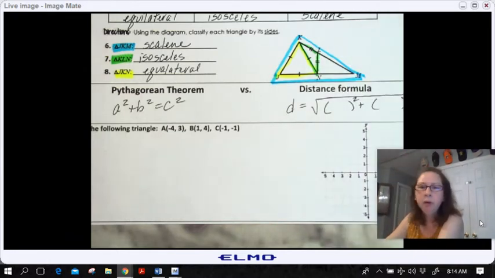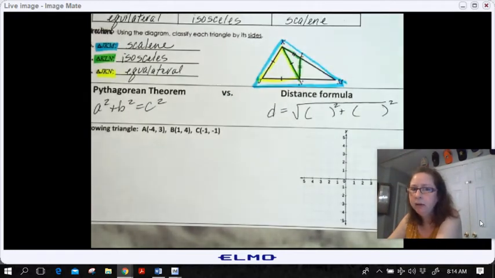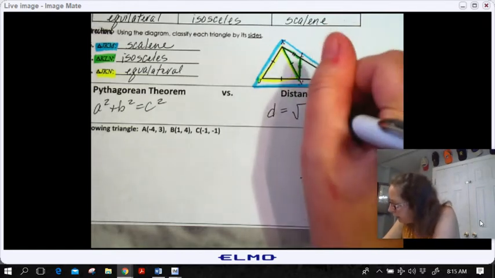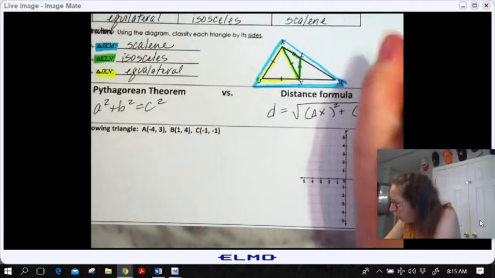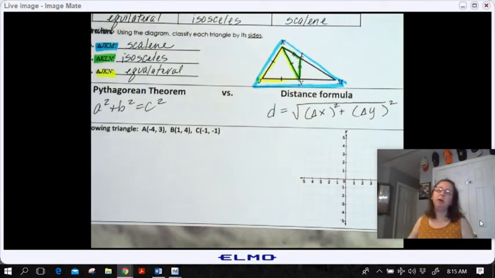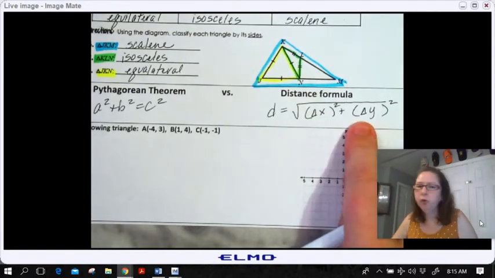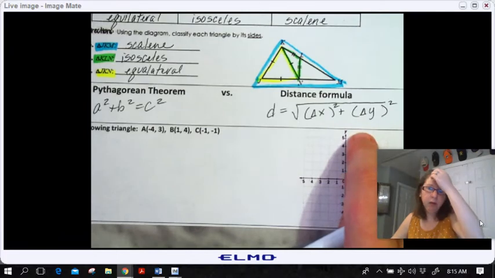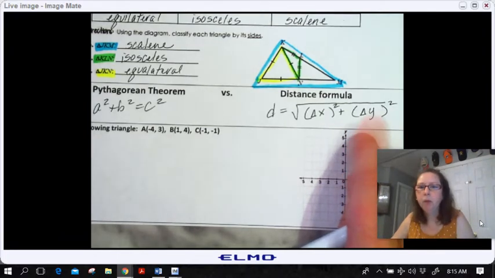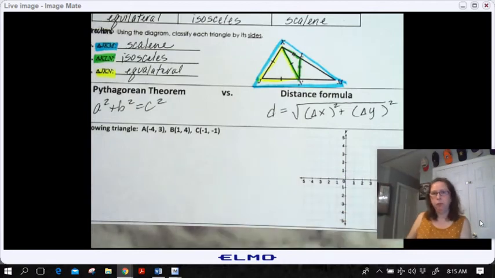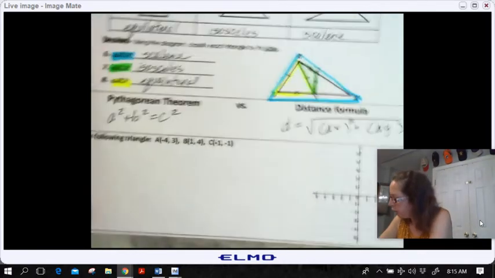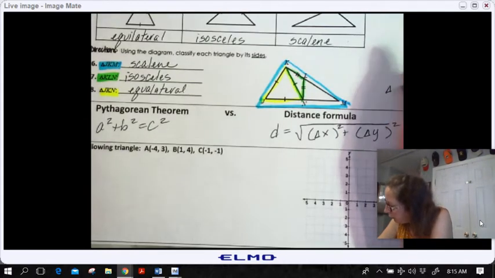of, and I'm just going to put delta x and delta y. Okay, delta means the change in something. So you would just subtract x2 minus x1, y2 minus y1, and then square root everything. Okay, so let's just make a side note here.